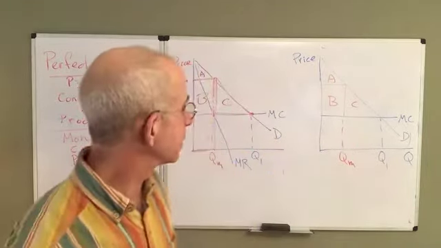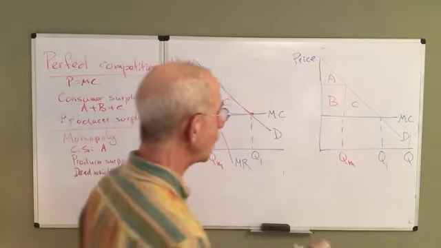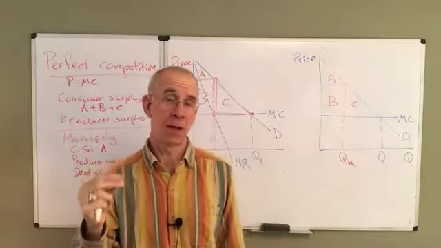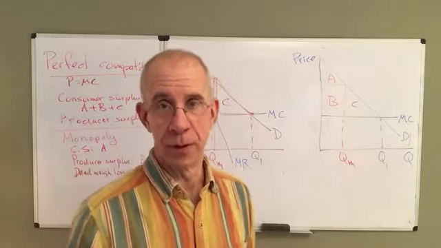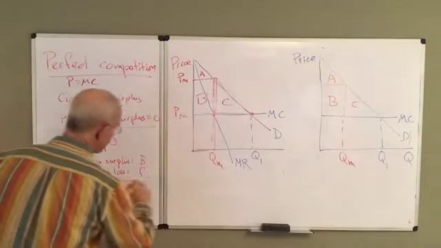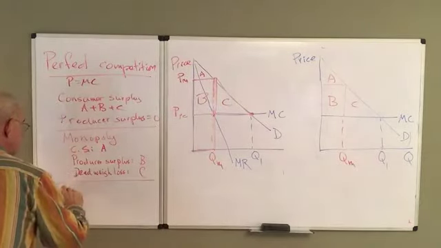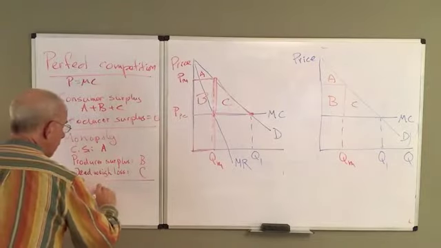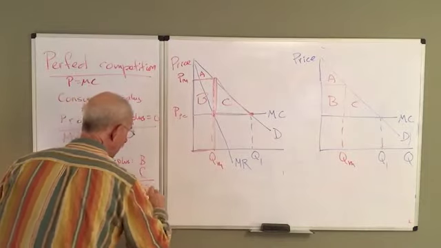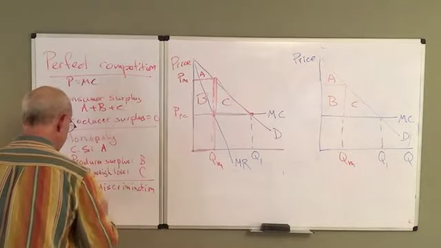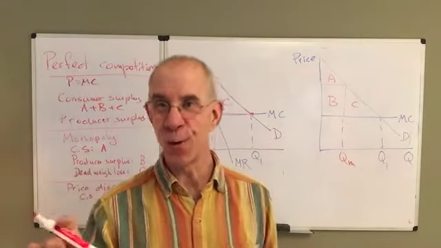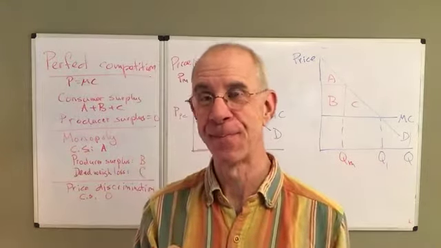So what you see here is that you would end up with the same level of output associated with perfect competition. So again, this is with price discrimination. Consumer surplus, nothing. What they were willing to pay is what they had to pay.